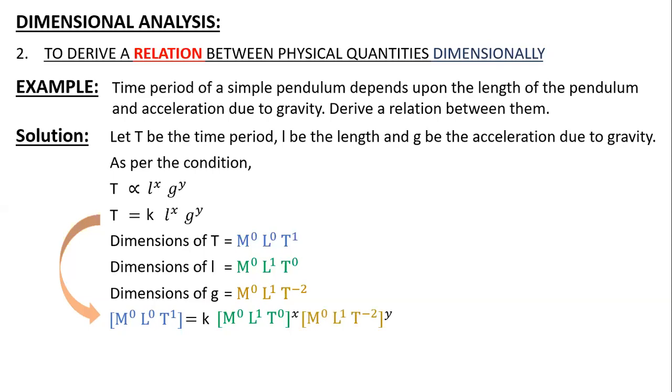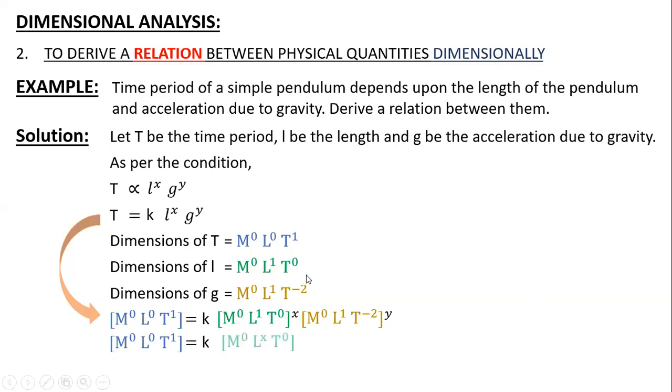Because k is dimensionless, no need to write the dimensions of it because it is going to be 0, 0, 0. Then left hand side will remain same, and right hand side you need to apply the exponent property. So the power x will get multiplied inside to the powers. Here power y will get multiplied inside with the other powers.